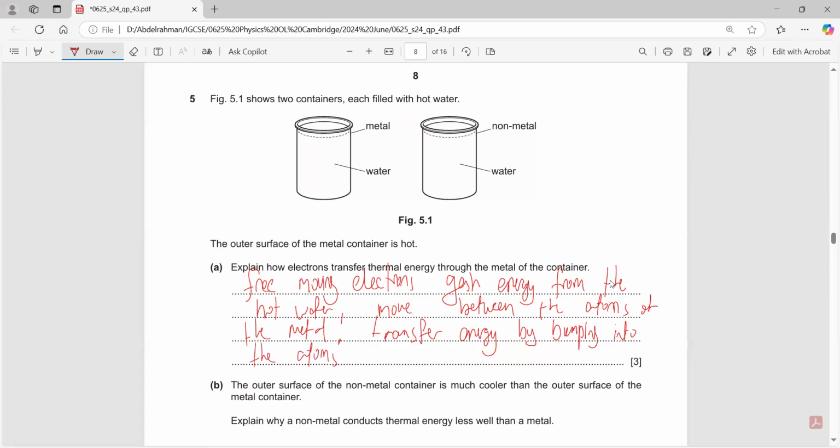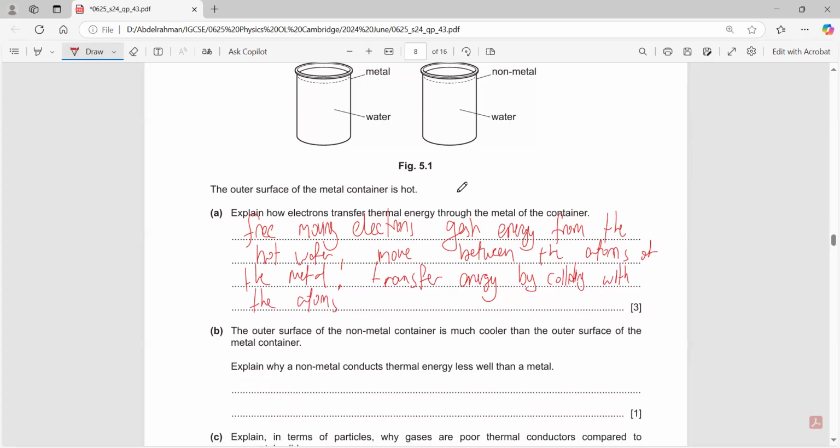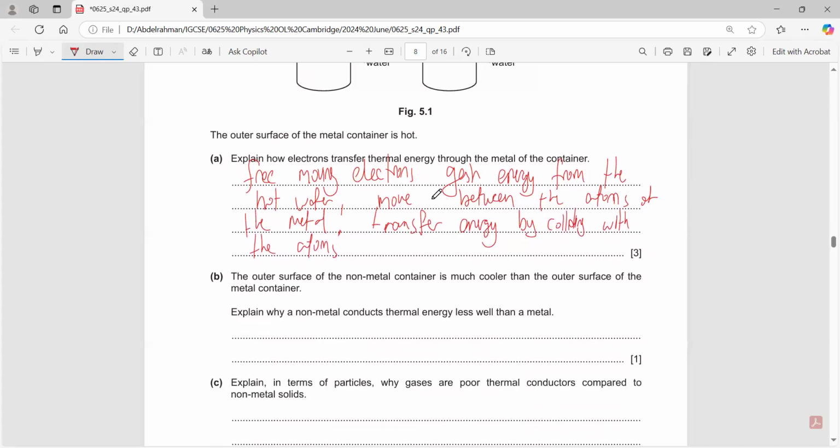When they collide with the atoms, instead of bumping, you can say by colliding with the atoms. It would be a more professional way of saying it. By colliding with the atoms.